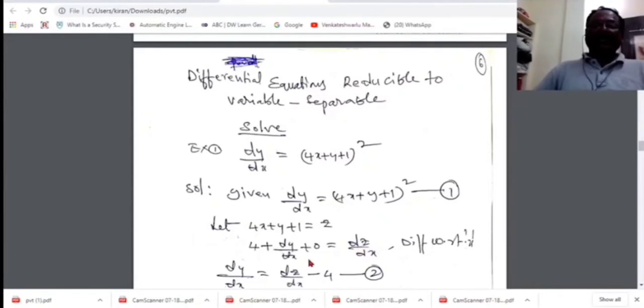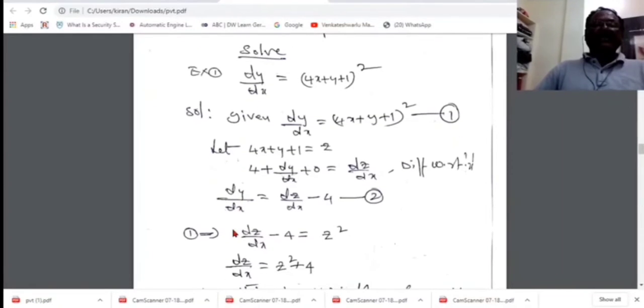After simplification, dy by dx is equal to dz by dx minus 4, that is equation number 2.